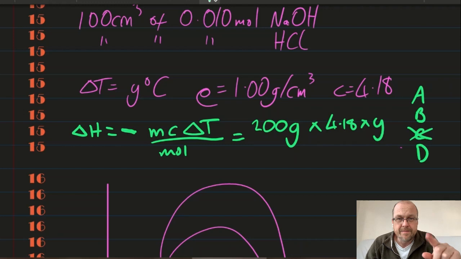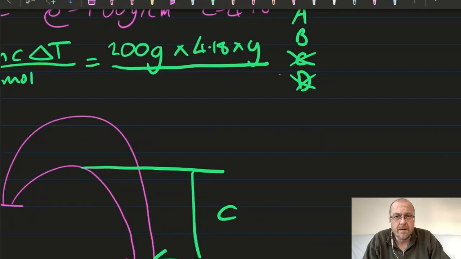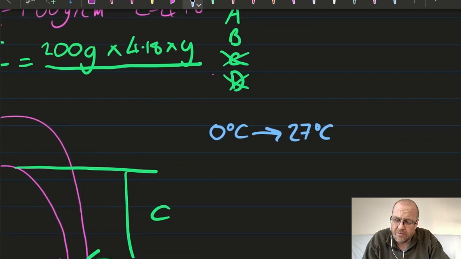Now for D, that's wrong. If you're doing the change in temperature, you don't have to add the 273. That's like a red herring there. So fast forward if you understand why D is wrong. For a temperature change, you don't need to add the 273, and let me try to explain why. You could go from 0 degrees centigrade to 27 degrees centigrade, and that's a temperature increase of 27 degrees centigrade.